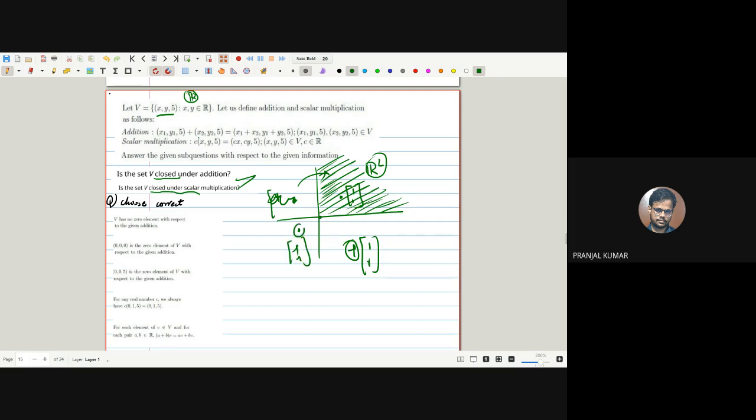So on scaling, I did not get a vector inside the original set. Can you see the closure property now? Closure means that you do not get a vector outside the original set. So this is not closed under scalar multiplication. Clear?